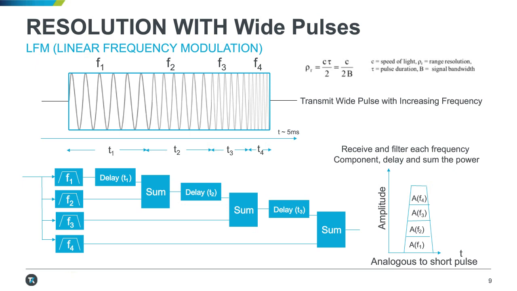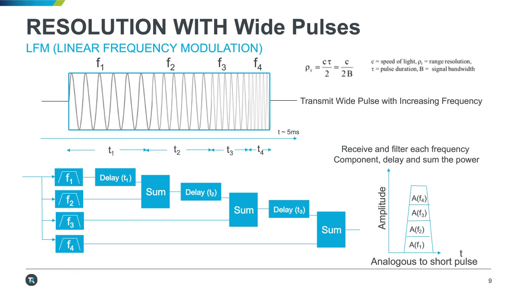And in this example here, I've actually split the long duration pulse into 4 discrete frequencies: F1, F2, F3, and F4. At the bottom of the slide, you can see we have the receiver block diagram. So we're transmitting the top part, and we're receiving these 4 frequencies. We're filtering each one of those frequencies and then delaying and summing them.